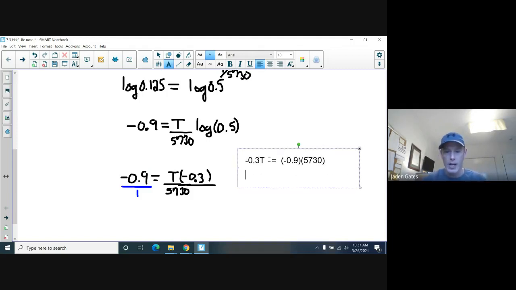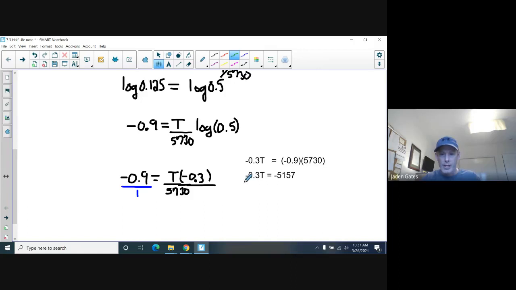Now I'm just going to simplify my right-hand side. I'm going to leave this negative 0.3 t. And I multiply negative 0.9 times 5,730, and I get 5,157. And then, of course, my last step is I'm going to divide by negative 0.3 on both sides to get my numerical coefficient by itself.